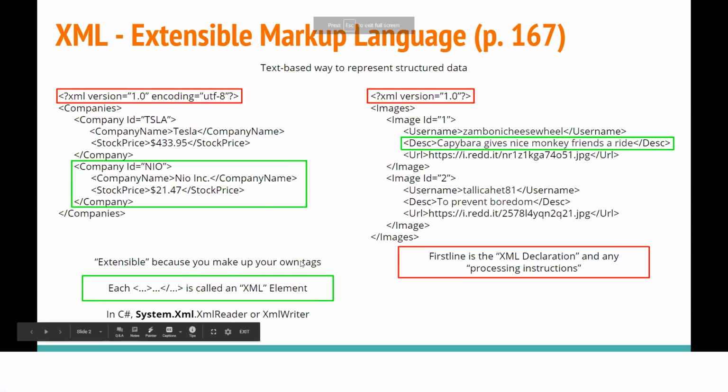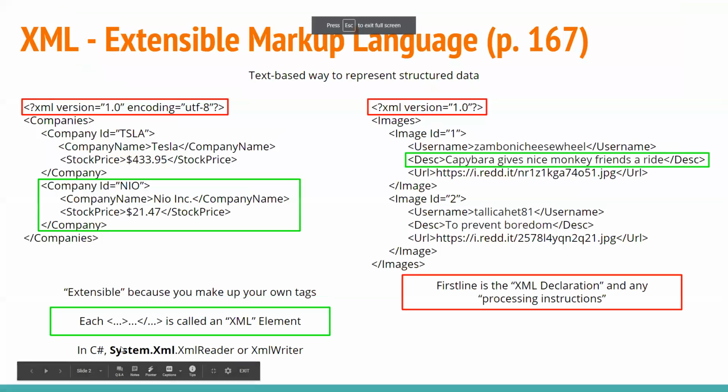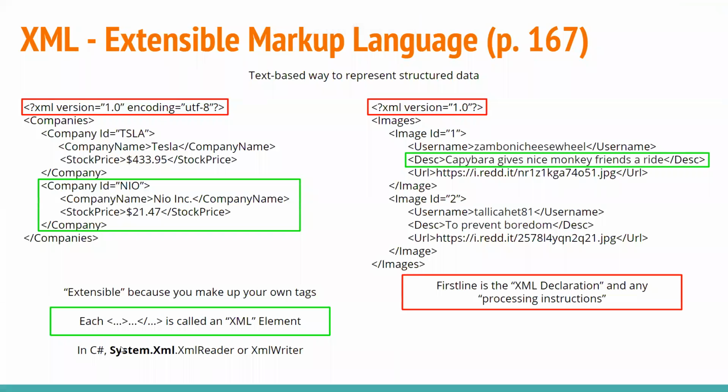For XML, and remember this, it's in bold on the slide, so don't forget it. In C#, there is a namespace called System.Xml. Inside System.Xml, we have something called an XmlReader and another thing called an XmlWriter.